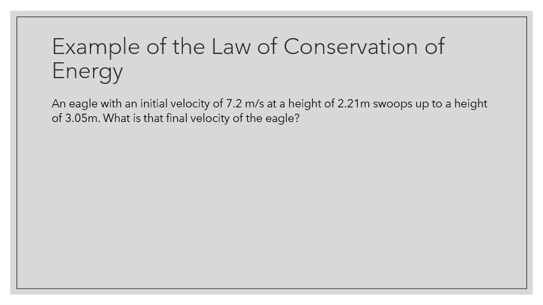So here's an example of a question that uses the law of conservation of energy. An eagle with an initial velocity of 7.2 meters per second at a height of 2.21 meters swoops up to a height of 3.05 meters. So what's the final velocity of this eagle? So we know that in the initial, the velocity is equal to 7.2 meters per second, and the height is equal to 2.21 meters.